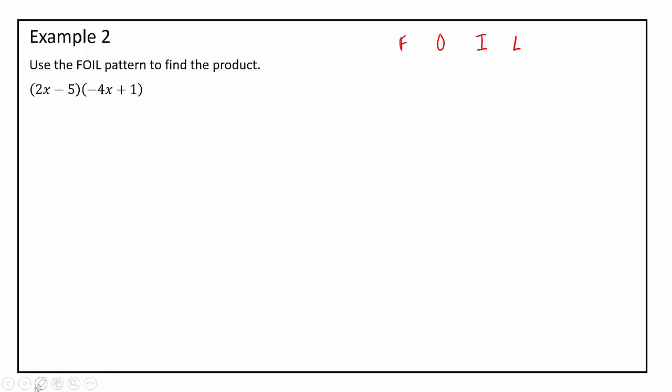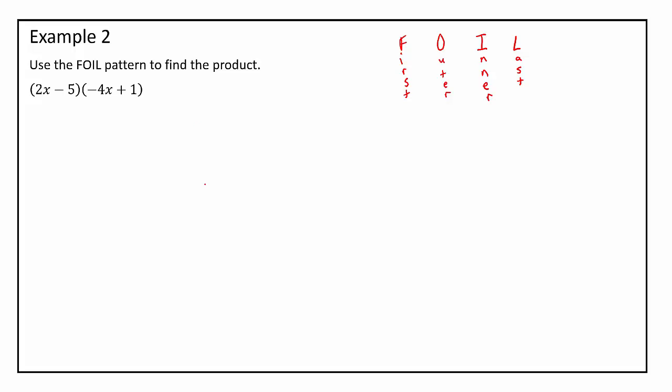But there is another way called foiling, and what this stands for is first, outer, inner, last. Even if you decide that you like the other way better, it's still helpful to know what foiling means, because it's a device that lots of teachers tend to use.